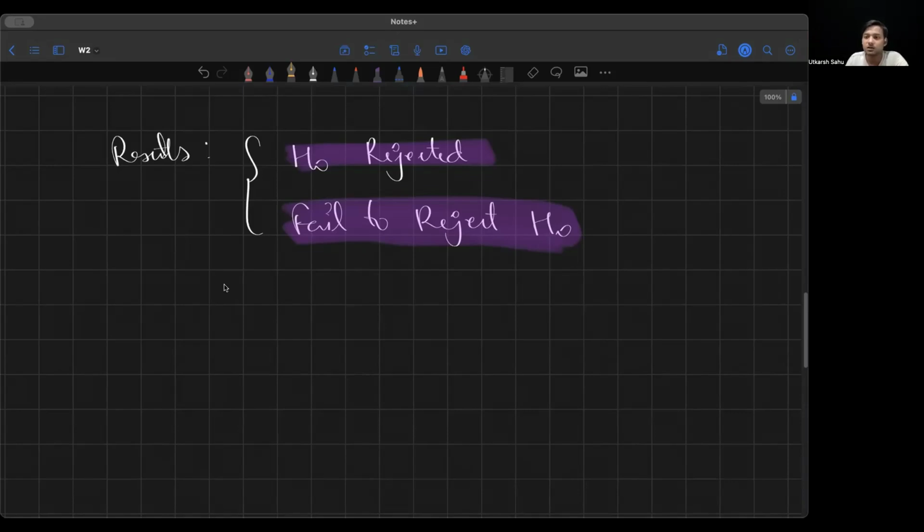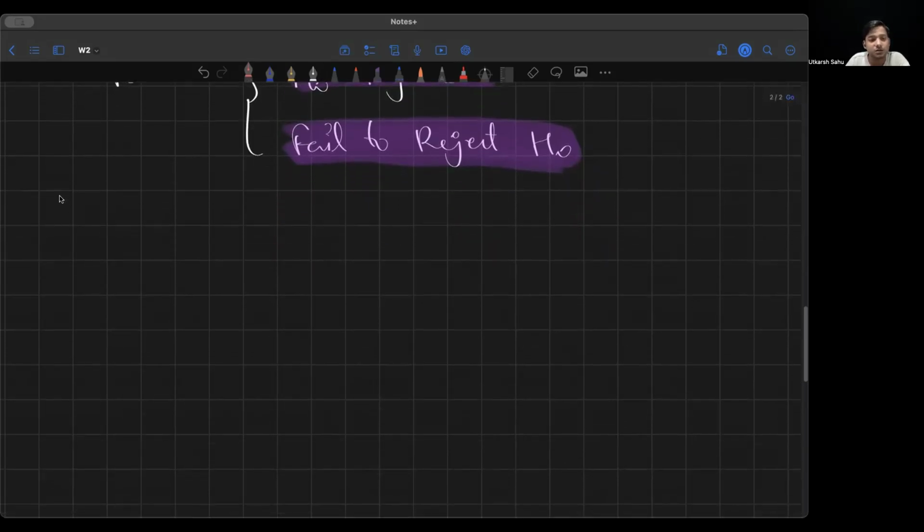So that is what we say: I fail to reject the null hypothesis. You never say I am accepting the null hypothesis. That is a technically wrong statement. People confuse this a lot, so please remember that you can reject the null hypothesis or you fail to reject it.